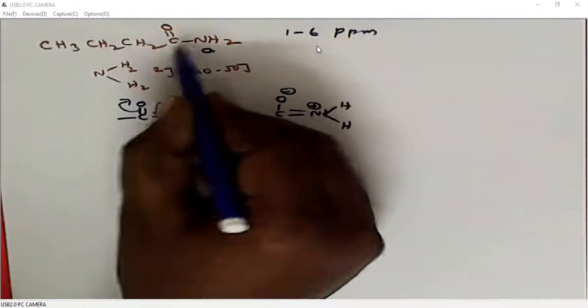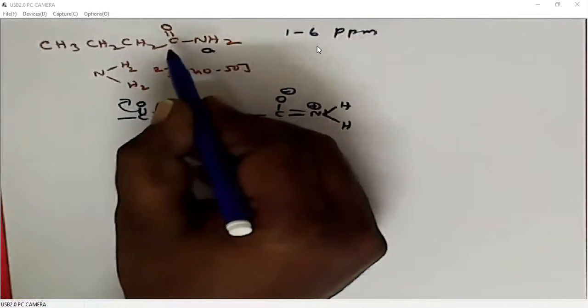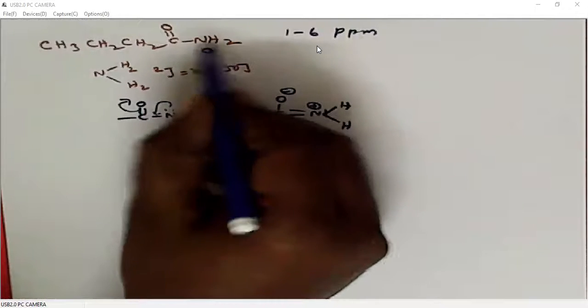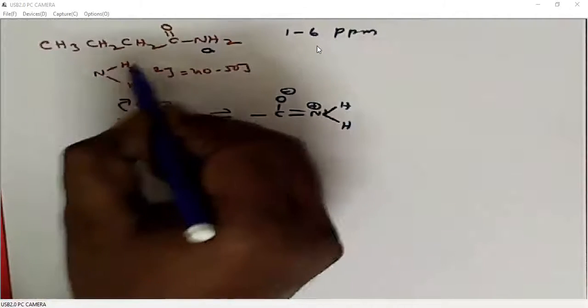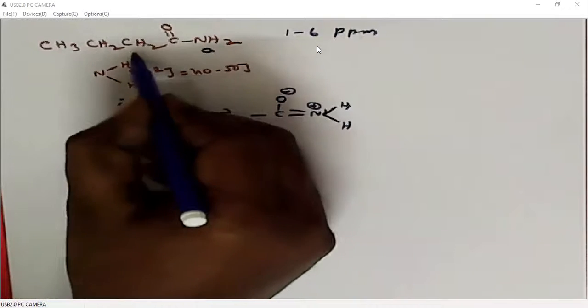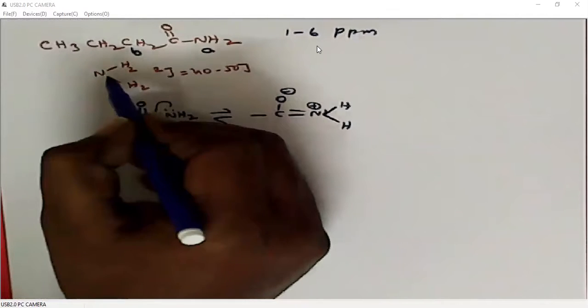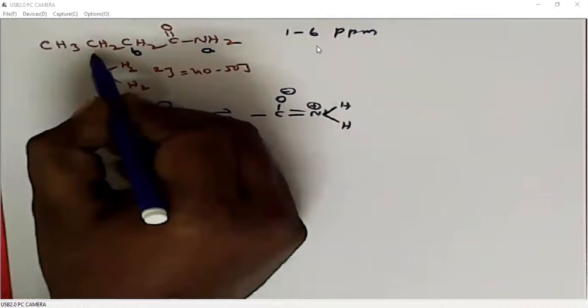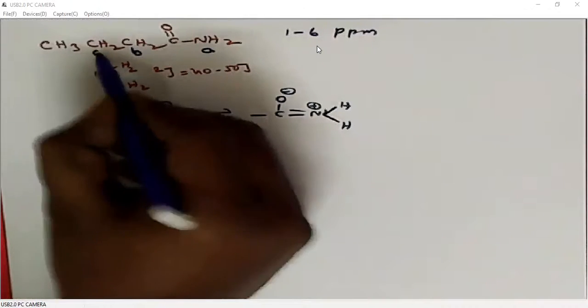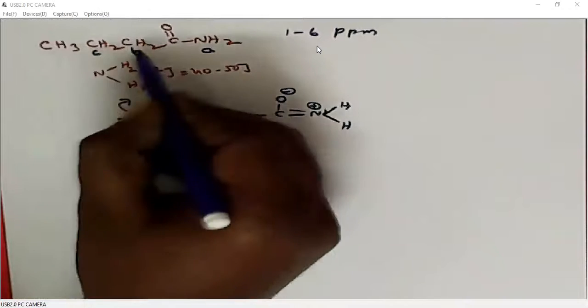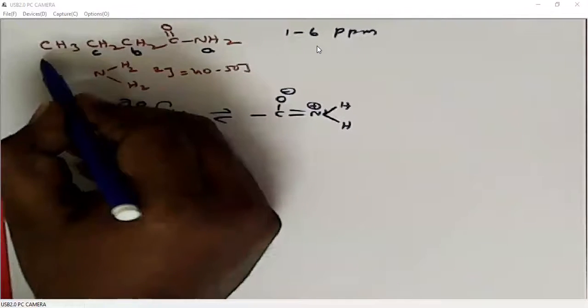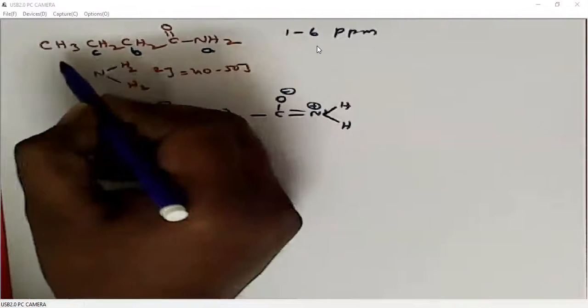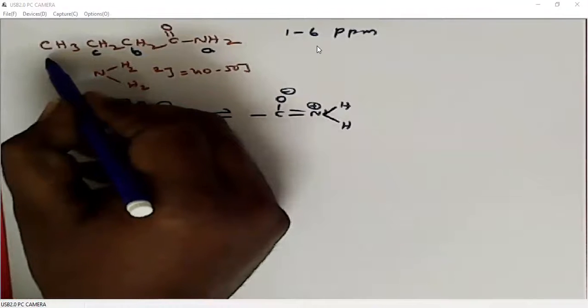Nitrogen is present on a withdrawing group, so the delta value will further increase. Then the next order is carbon attached to carbonyl. Then with increase in distance, the inductive effect decreases, so the delta value, the order of frequencies, will also decrease.